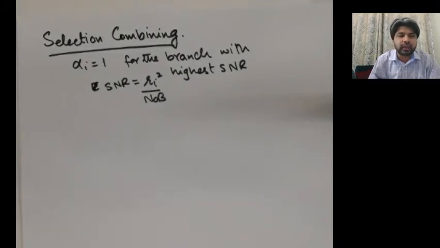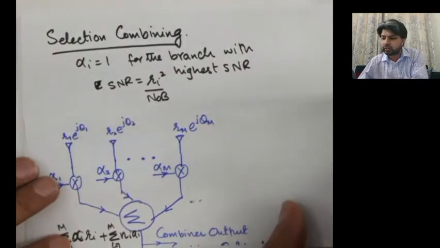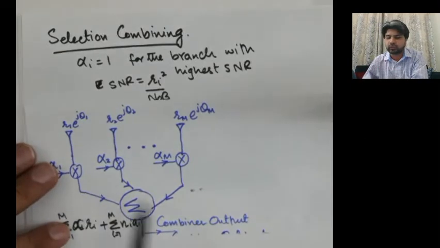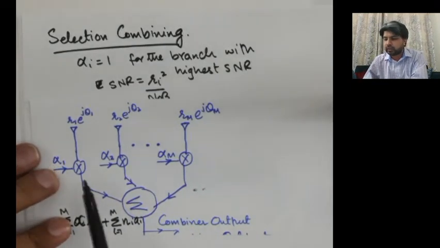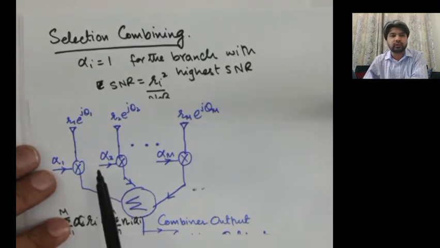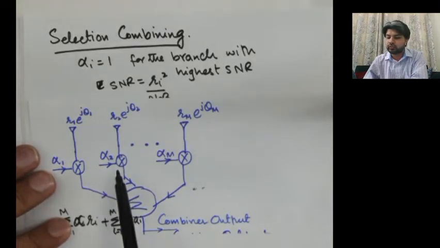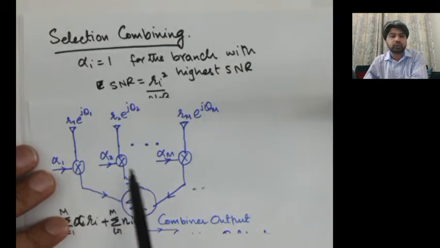Selection combining is typically convenient because only one of these branches would appear at the combiner output. This means there are no two branches whose phases would interfere and cause a problem, as would happen if we had more than one branch.